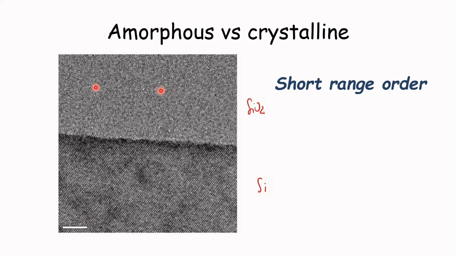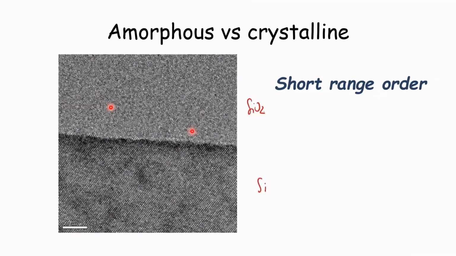And if you look at the SiO2 here, we lose that periodicity. But if you look more closely into the image, you will also notice that this particular structure is not completely random. If you look very locally, you will see some local arrangement of atoms that reflects the fact that these amorphous materials do have a short range order.